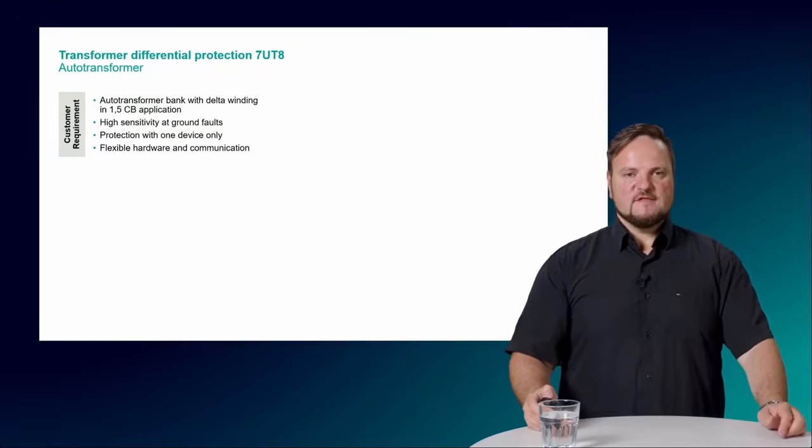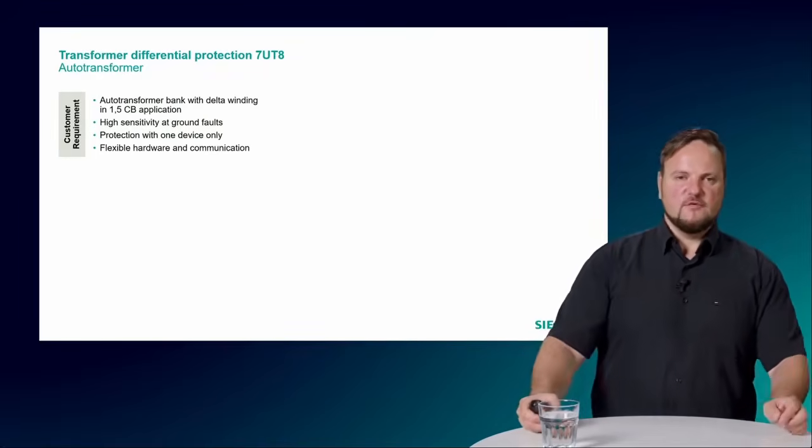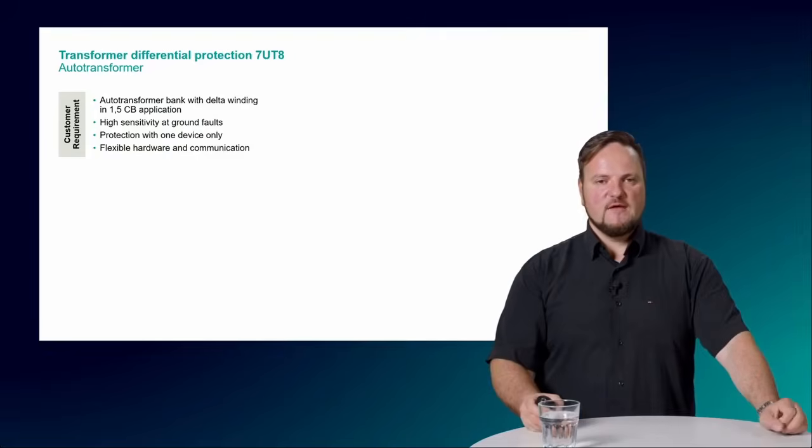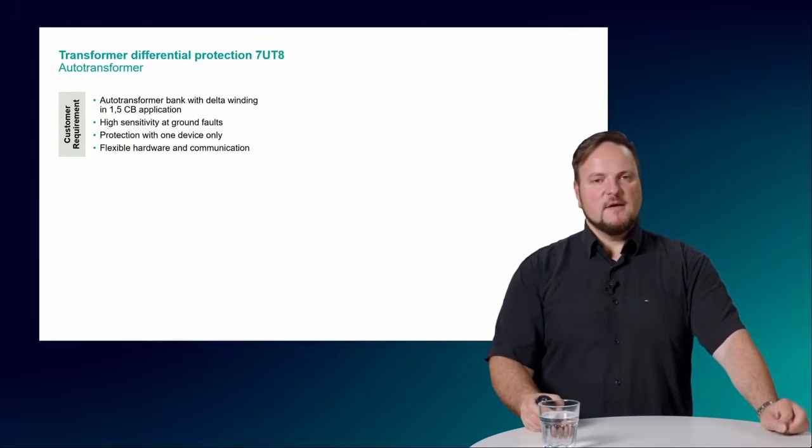So next step, and this is a typical application we have all over the world. We have an auto transformer bank with a delta winding, and additionally this auto transformer is in a 1.5 breaker scheme.